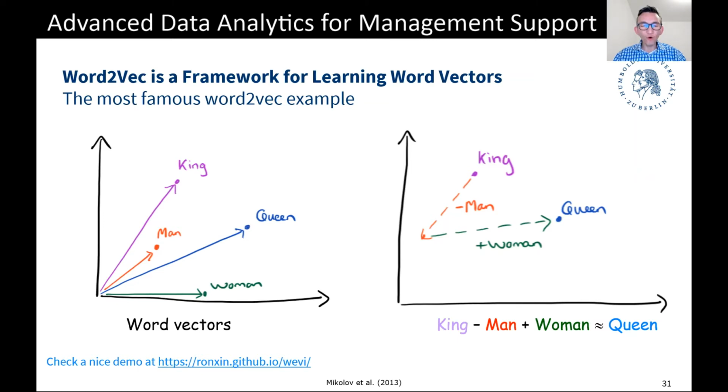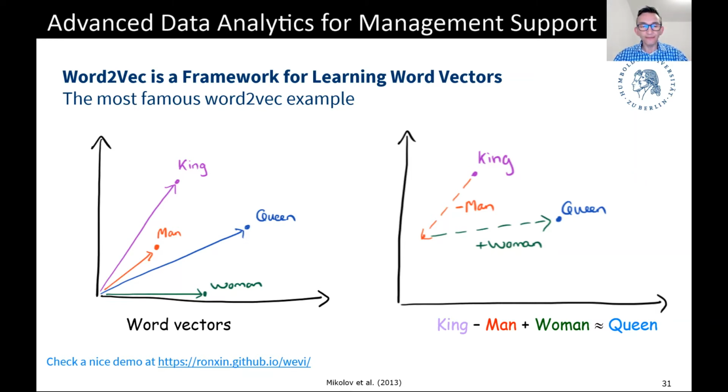You have 4 word vectors: king, man, queen, and woman. And as we have seen in the example with the cosine similarity, a vector is basically a point in a multidimensional space, we can draw it like that.